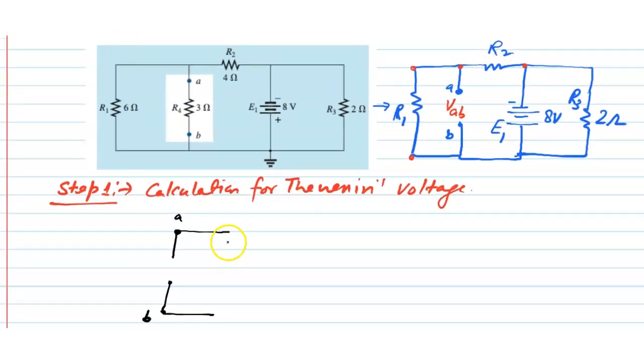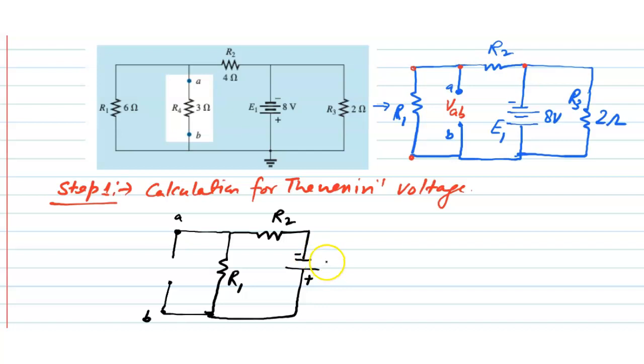So here this is resistance R1 and this resistance is R2, and now there is a voltage source which is negative here and positive here, and the value is 8 volt. Another resistance is R3, which is 2 ohm.